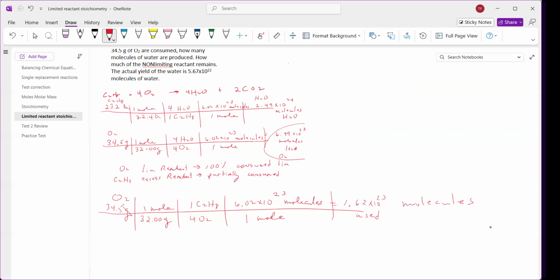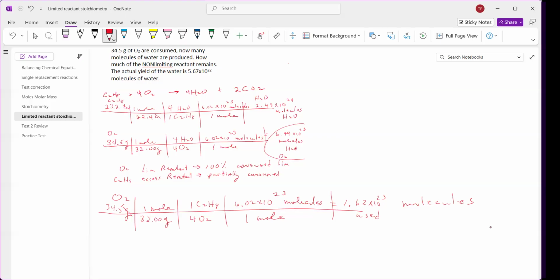The units have to be the same before you can subtract them, otherwise it's apples and oranges. We could convert both to grams, but let's just go to molecules.